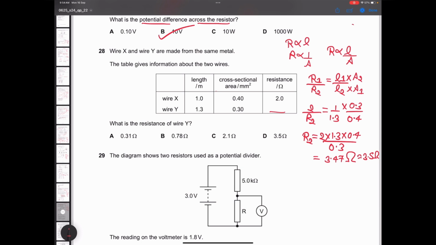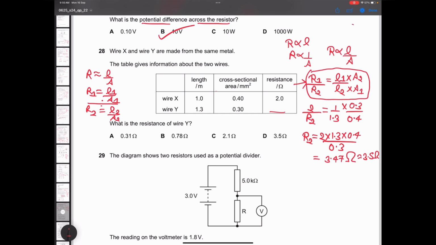Now in case you are wondering how I made this formula, what I simply did is that let's say R is equal to L by A. So I can say R1 is equal to L1 by A1, R2 is equal to L2 by A2. I simply divided both of the formulas to get the new formula. Alright.